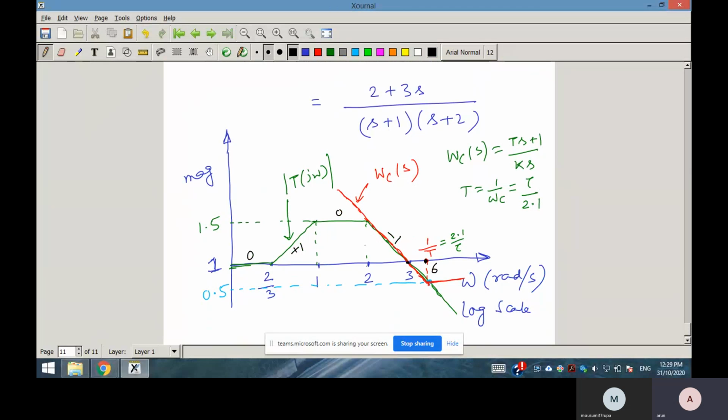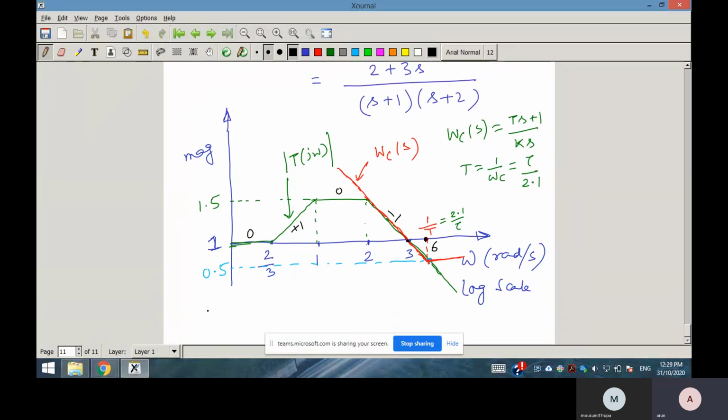So 2.1 by tau should be greater than 6 for robust stability. This implies tau should be less than approximately 3 seconds.